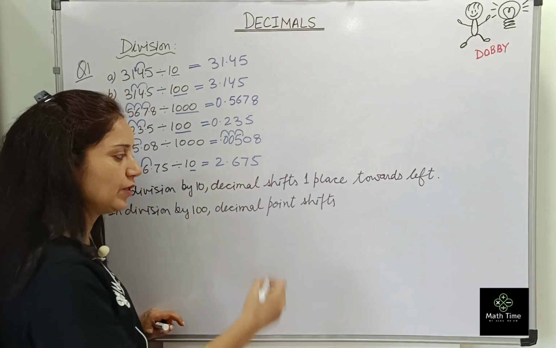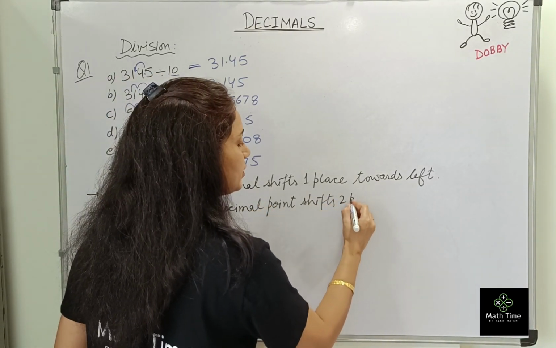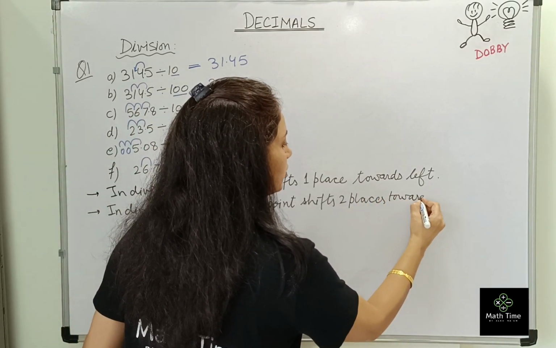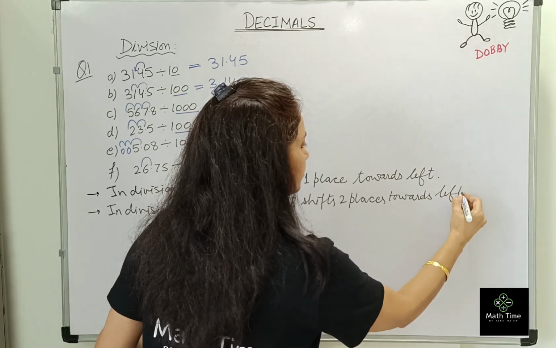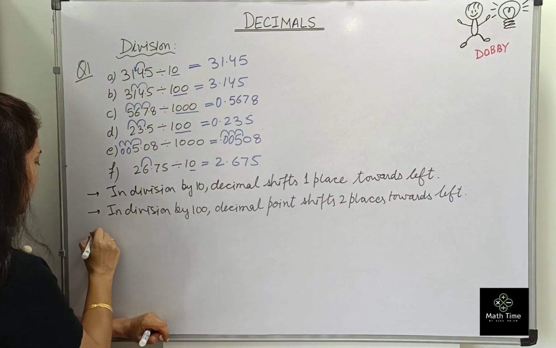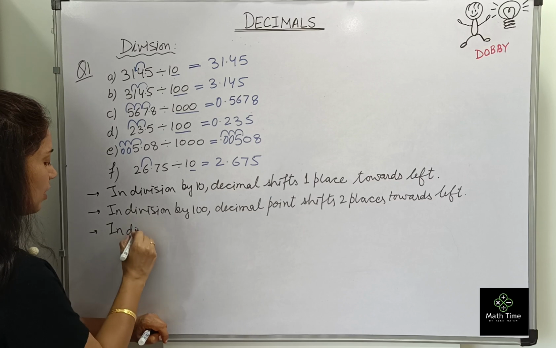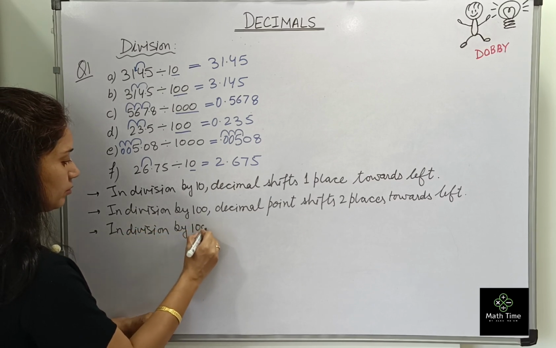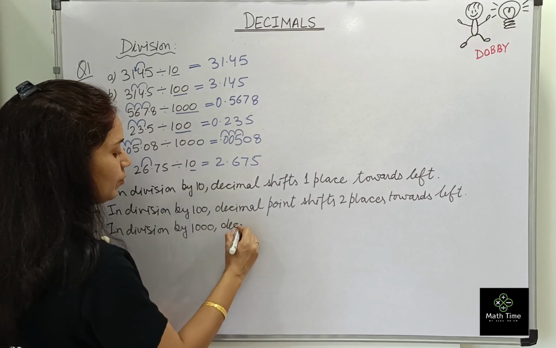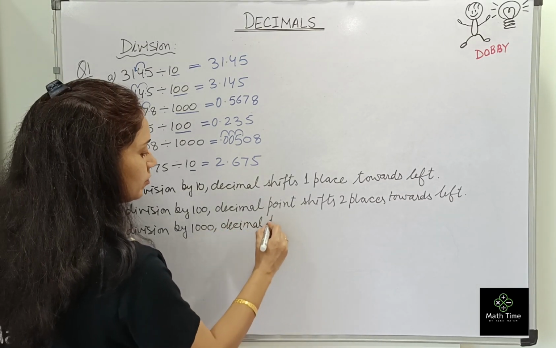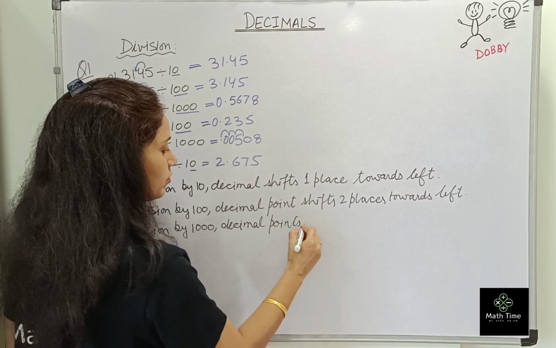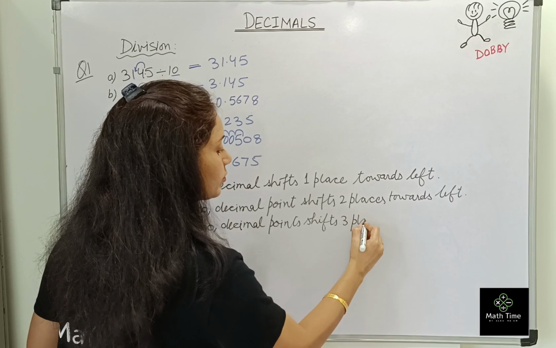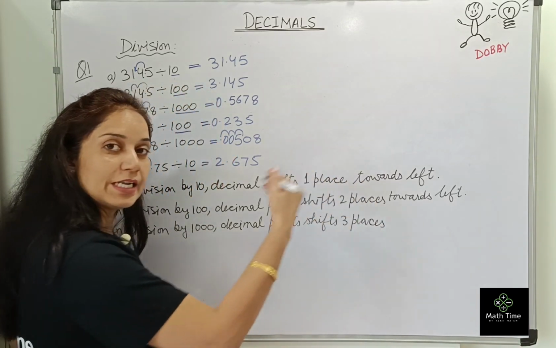In 100, the decimal point shifts 2 places towards the left. Next point, in division by 1000, the decimal point will shift 3 places towards the left, back.